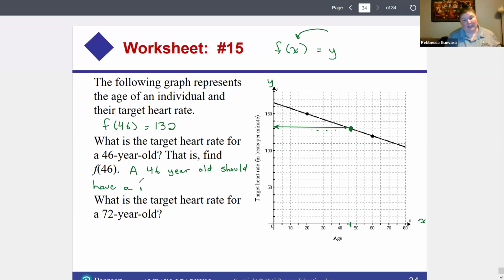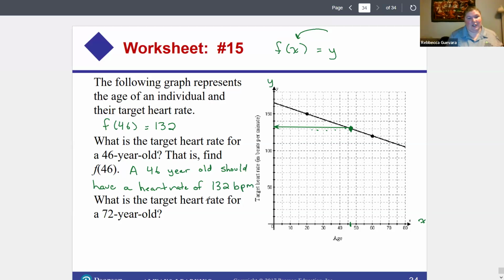They should have a heart rate of approximately 132. And if you look here, the target heartbeat is telling you is beats per minute. We're going to write BPM, beats per minute. Let's write this again, BPM, beats per minute.